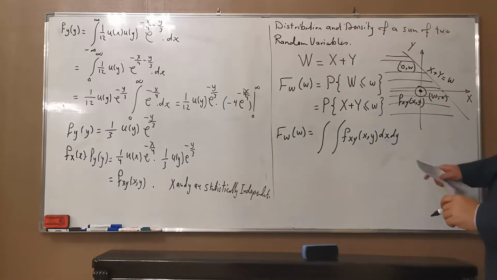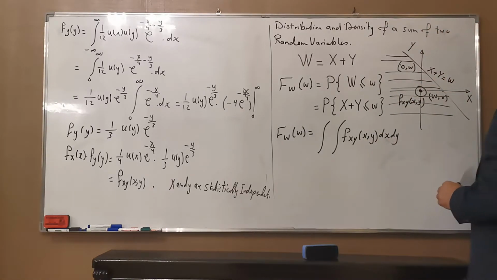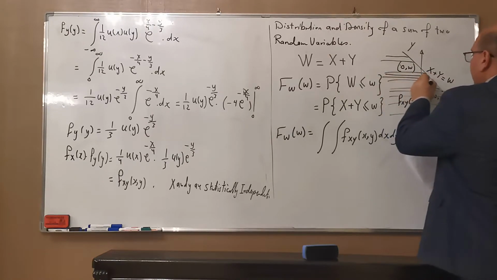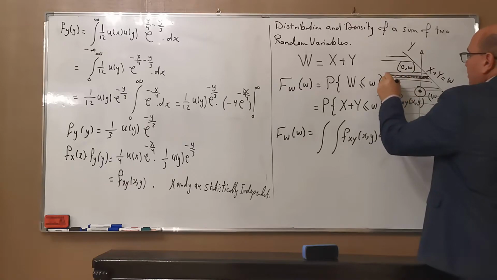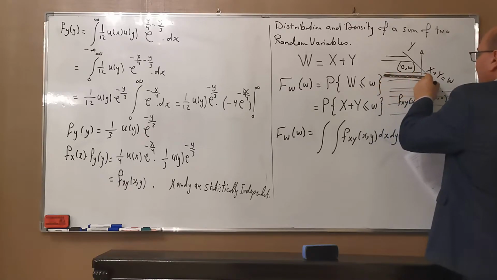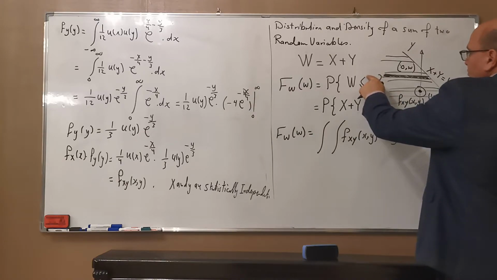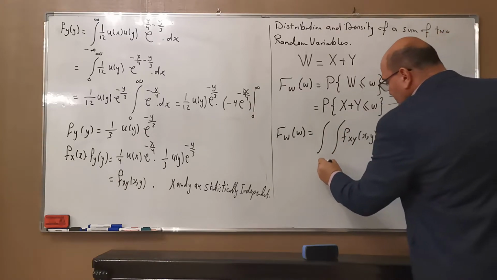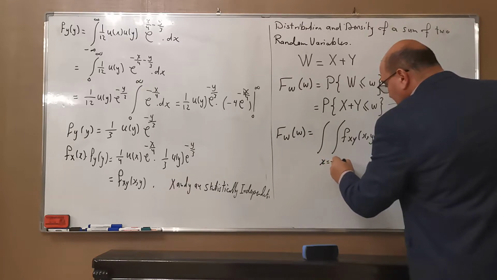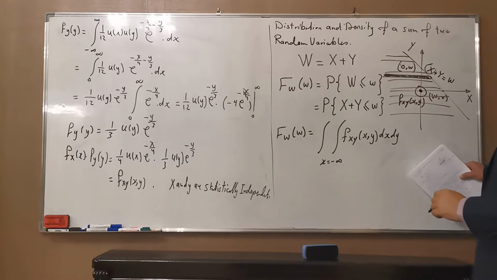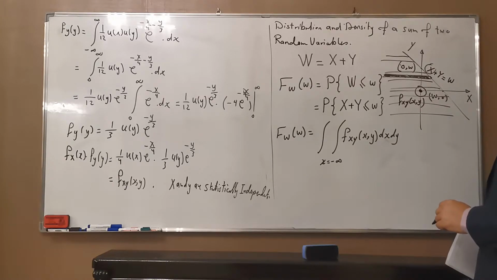So if you are doing this dx dy, we know from calculus that we have to take a strip here. This infinitesimal strip goes in the X direction from minus infinity, so this is for X equals minus infinity, up to X. This is the X that we are looking for. It's like X as a function of Y and w.